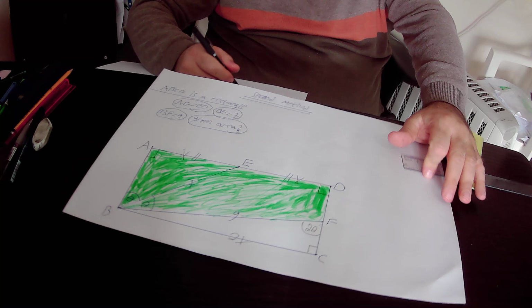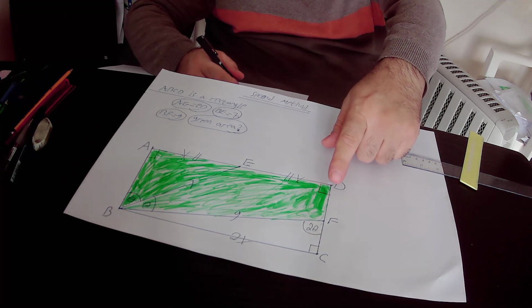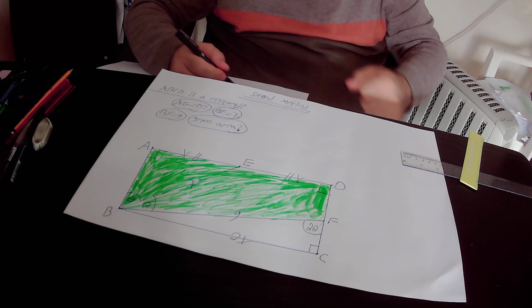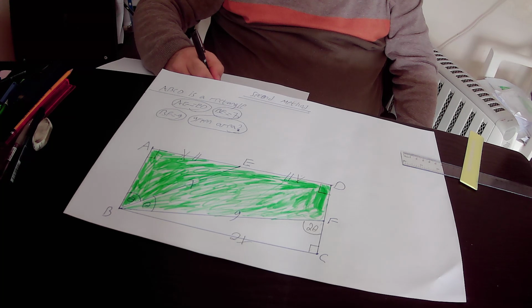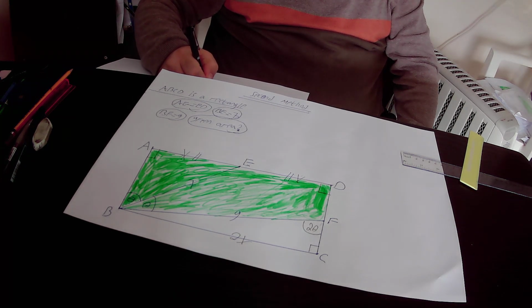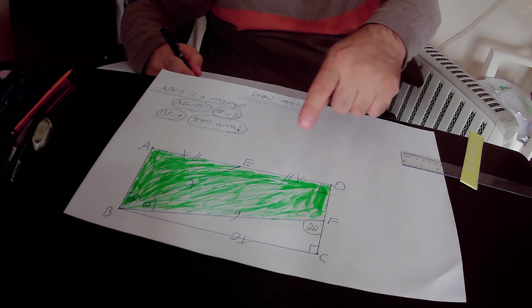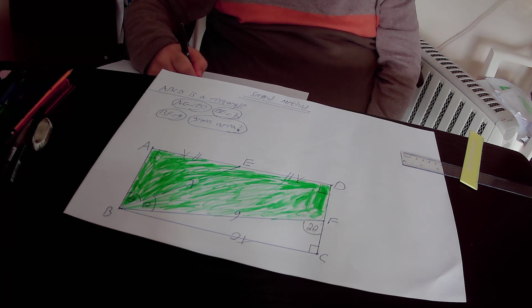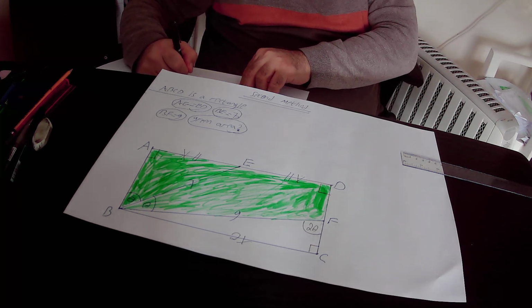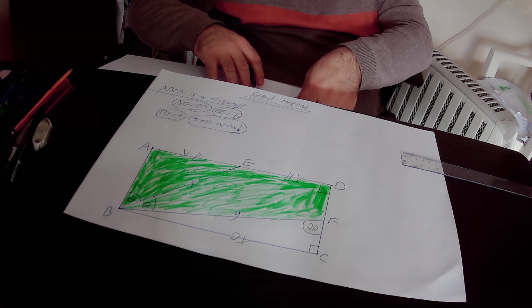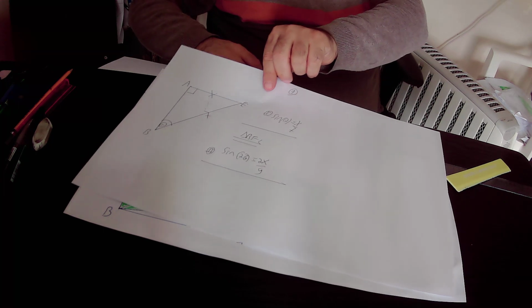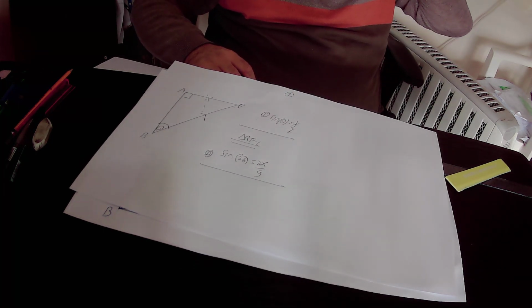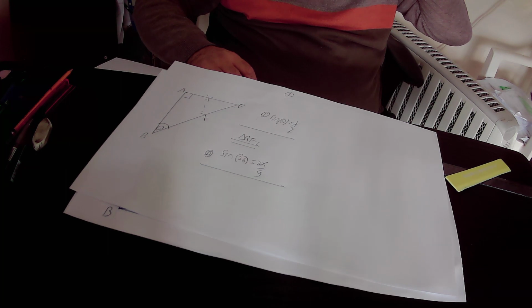So in the right triangle BFC, sine 2 theta equals 2x over 9. I will repeat again. In the right triangle BFC, sine 2 theta equals 2x over 9.